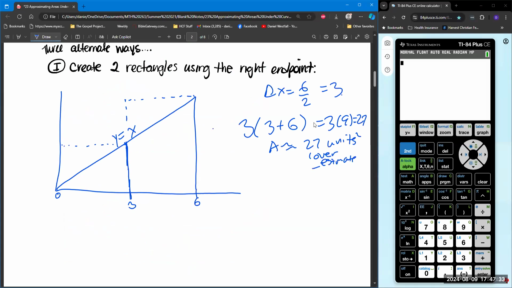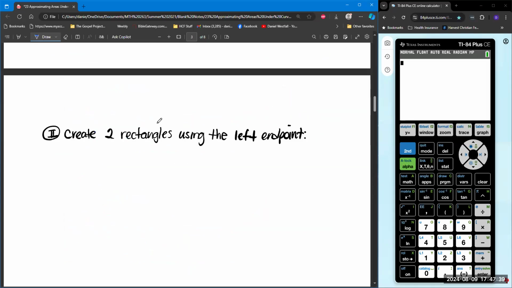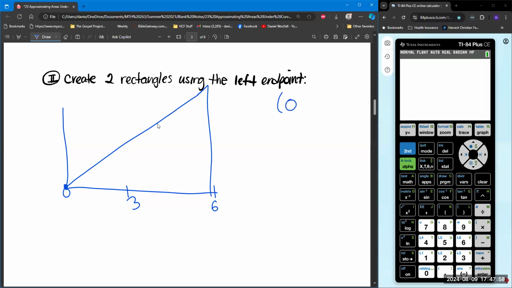Now let's try using my left endpoints this time. Again, we have 0, 3, and 6. When we use the left endpoint, the first one is at 0, so 3 times 0.